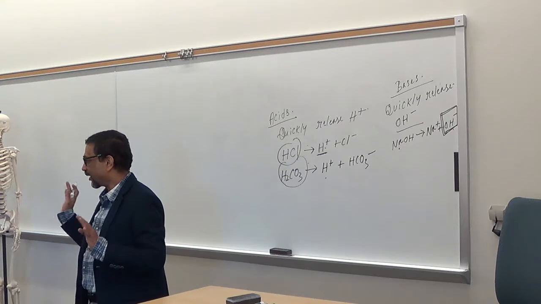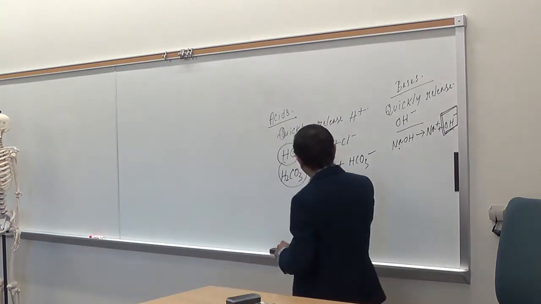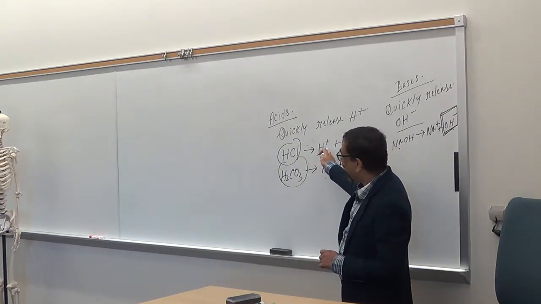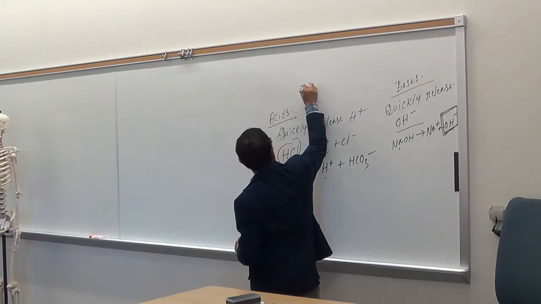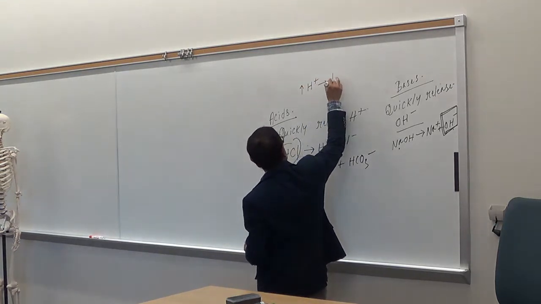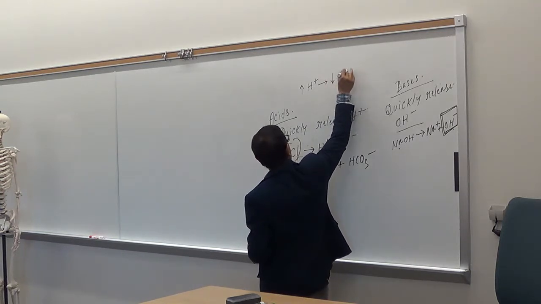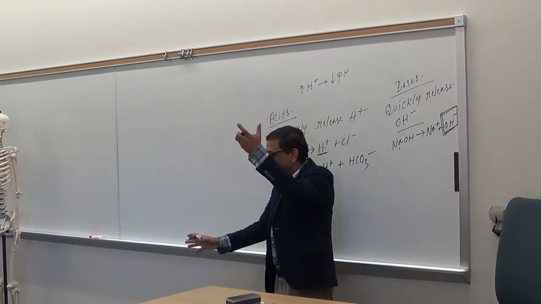Excess hydrogen ion in your body. The problem of excess hydrogen ion in our body is if hydrogen ion concentration increases, pH goes what? Down. More hydrogen means less pH.